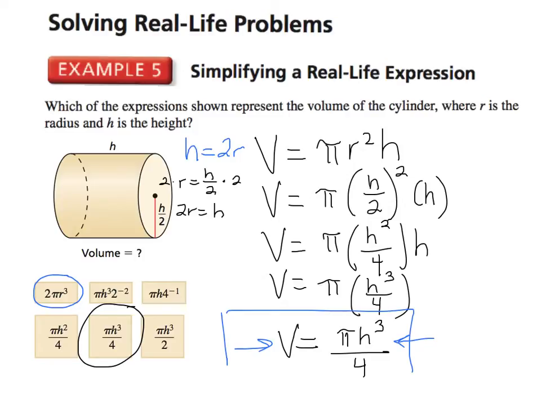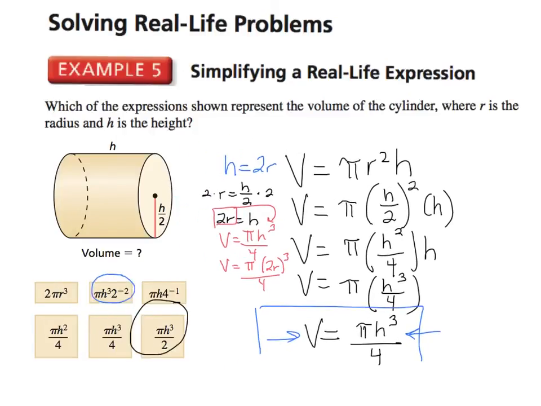So I could take this equation right here. The volume, what we got, volume equals pi h to the 3rd, all divided by 4. I'm going to use substitution. I know the height is equal to 2r, so I'm going to plug it in. That gives me v equals pi times 2r to the 3rd divided by 4.